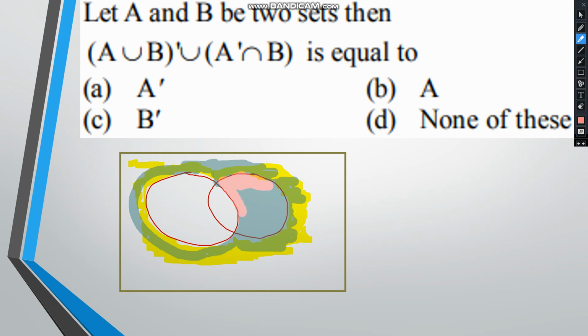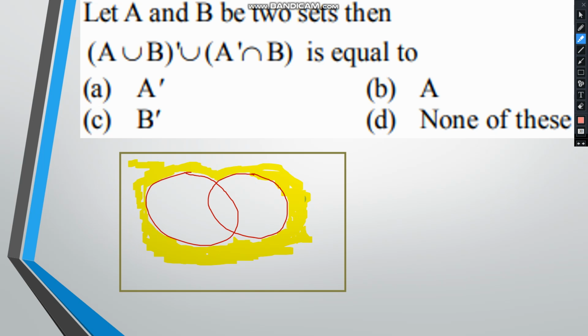We are just taking into account the intersection portion, so I am not drawing the entire B. The intersection with this set is the A complement intersection B, which we have got. I am just rubbing this and drawing it again.